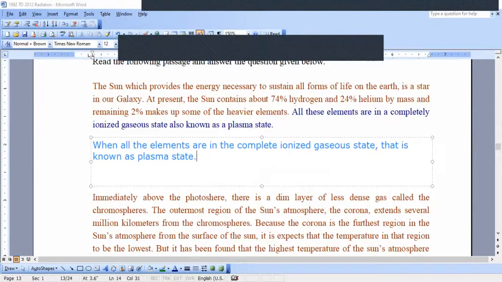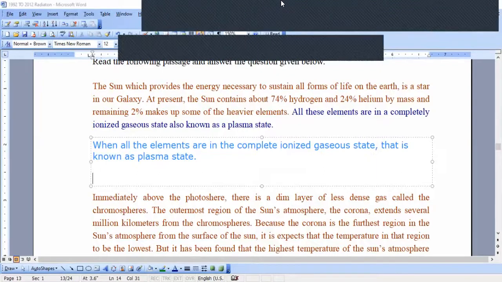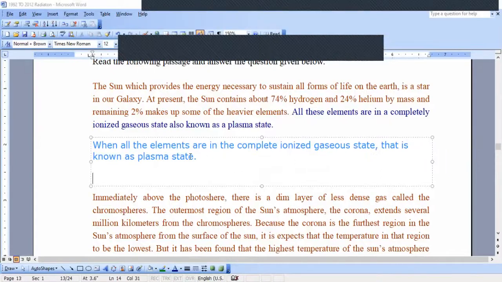It means, are there atoms here? Somebody please tell me. Lamai, are there atoms in a plasma state? It is clearly saying that all of them are ionized. Ionized means no atoms. Ions are not called atoms here. Positive ions, negative ions. Are there liquids in plasma state?